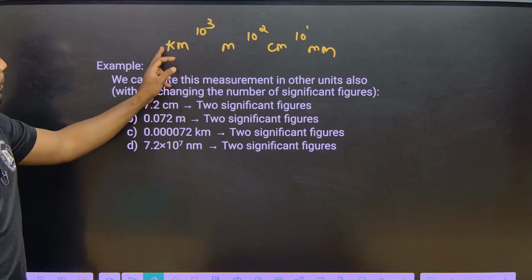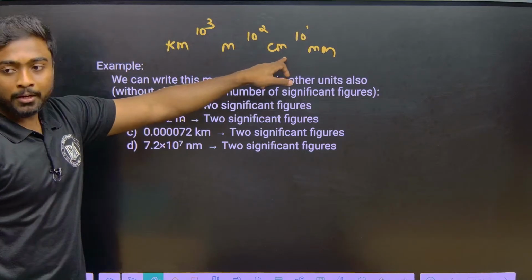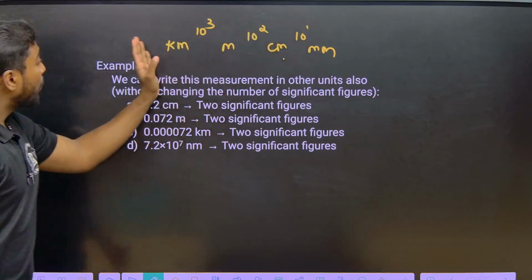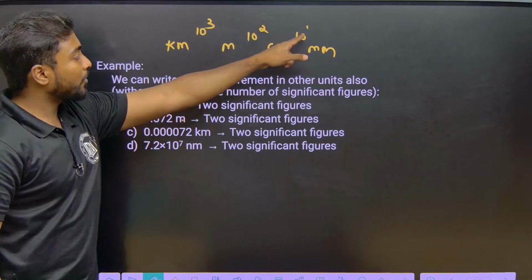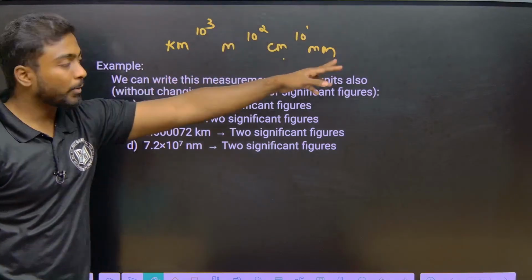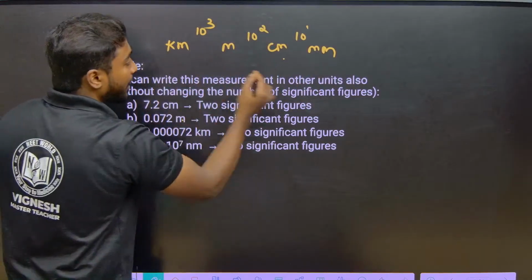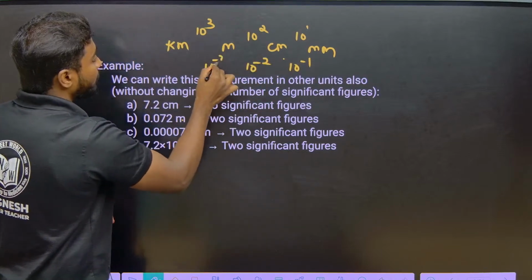If I want to convert from kilometer to meter, 10 power 3. Meter to centimeter, 10 power 2. Centimeter to millimeter, 10 power 1. If I want to convert kilometer to millimeter, 3 plus 2, 5, 5 plus 1, 6, 10 power 6. Okay. Similarly, if I want to convert millimeter to kilometer, in this direction it is 10 power minus 1, 10 power minus 2, 10 power minus 3.